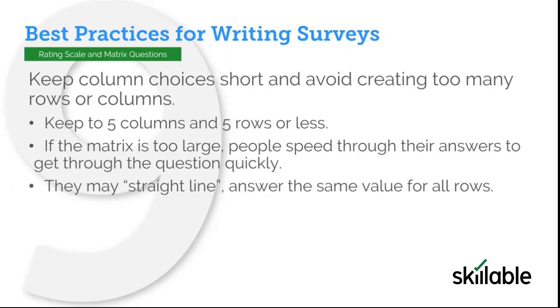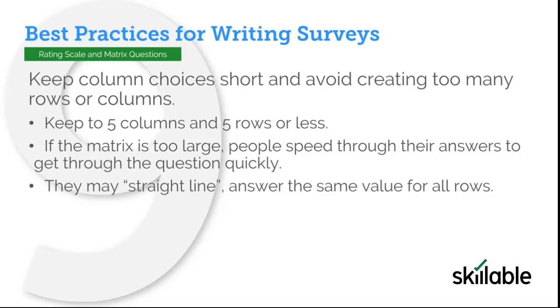Number 9 and 10 are going to be tips about rating scale and matrix questions. These are the questions that have multiple columns across and rows of questions down. A best practice for this is to keep your column choices short.